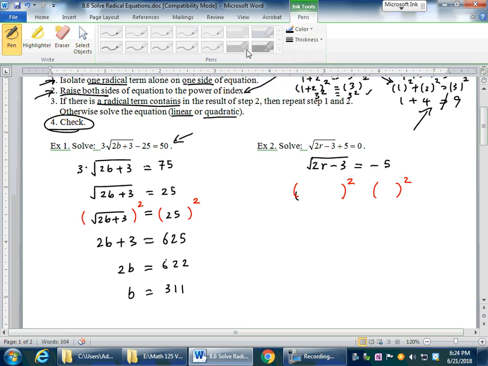So this will look like the square root of 2r minus 3, quantity squared, equal to negative 5 squared. Square and square root cancel out, so it will be 2r minus 3 is equal to positive 25. Again, we are solving a linear equation, so therefore add 3 to both sides, which is 28. And then divide by 2, which will become 14.